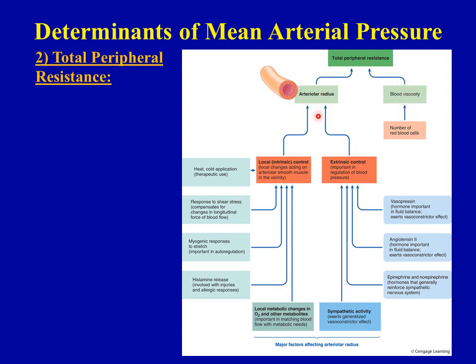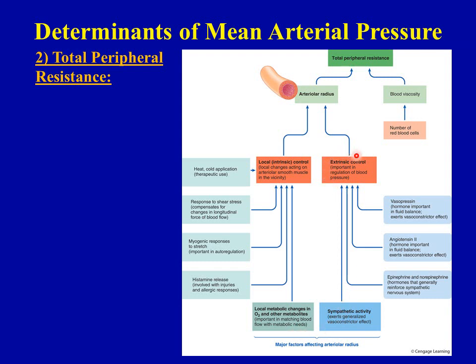As you can see here, the arteriolar radius or diameter depends on two important controllers: local or intrinsic controllers and extrinsic controllers. If we are talking about local, the main local controllers are the local metabolic changes in oxygen and other metabolites, as we'll see in one of the slides, including potassium, adenosine, and accumulation of other metabolites.